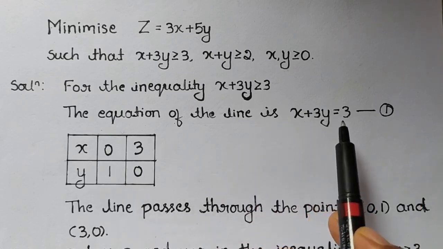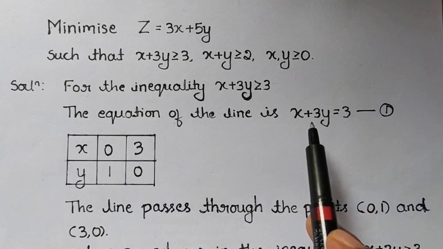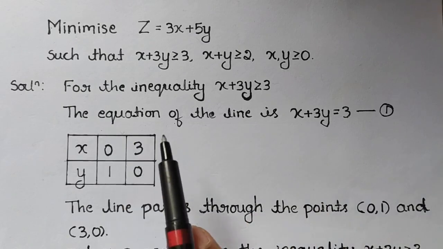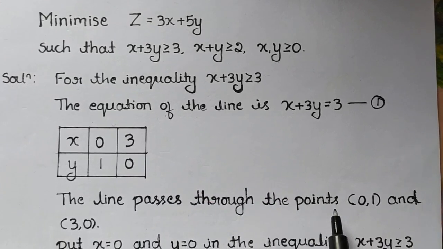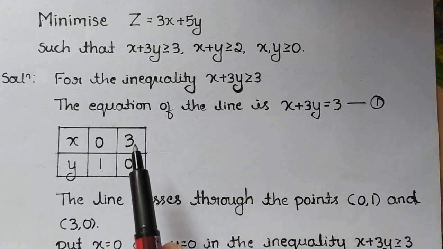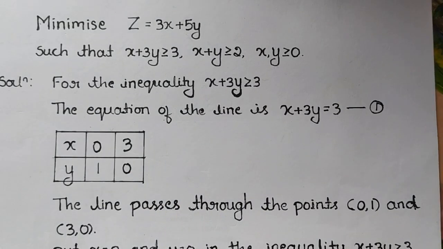On solving we get y is equal to 1. Similarly, substitute y as 0 in this equation, we get x is equal to 3. These are the points on the line, so we write the line passes through the points (0, 1) and (3, 0). Now the second step is to find the solution region.